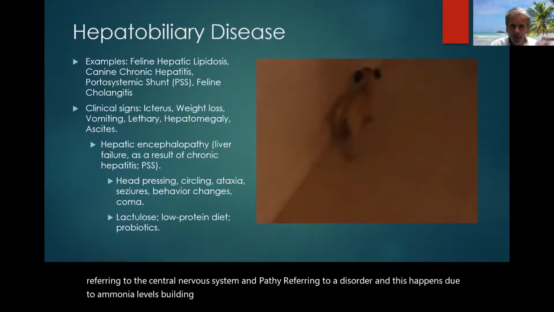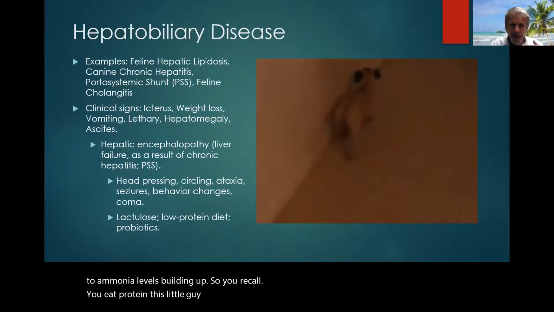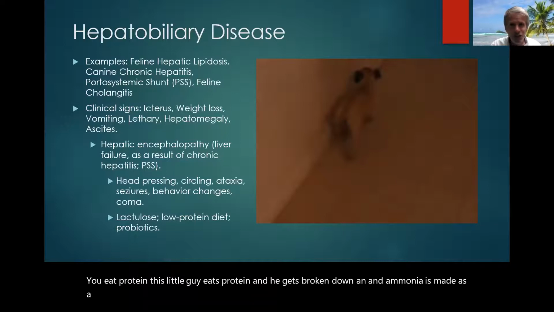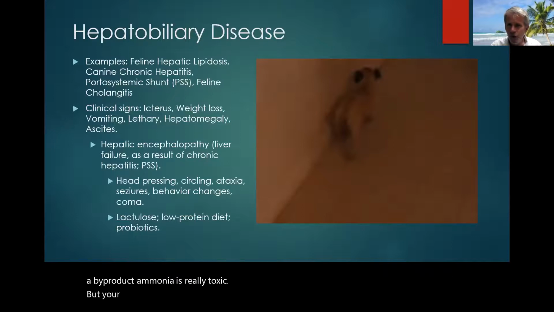So you recall, you eat protein, this little guy eats protein, and it gets broken down, and ammonia is made as a byproduct. Ammonia is really toxic, but your liver turns it into blood urea nitrogen, also known as urea. Well, if your liver is sick, it can't do that.